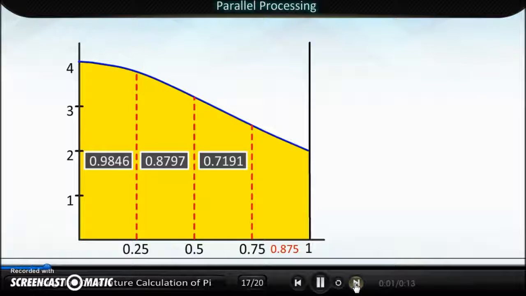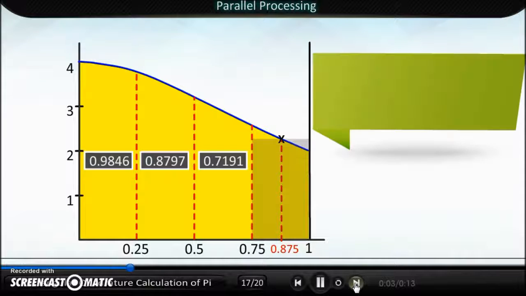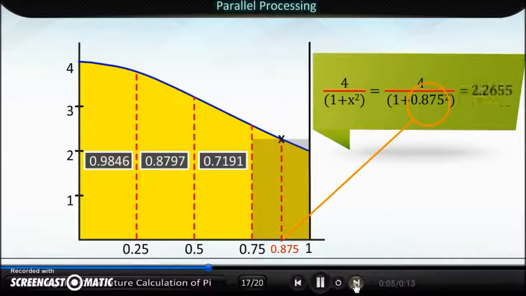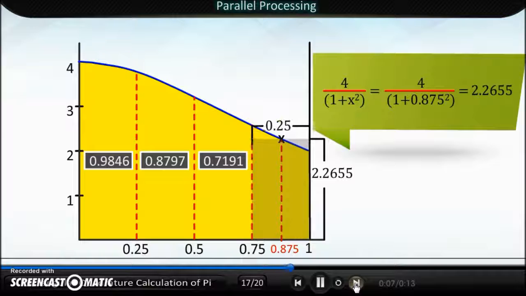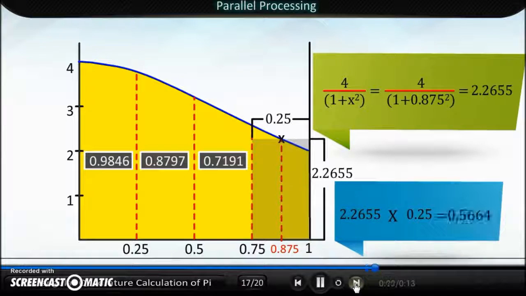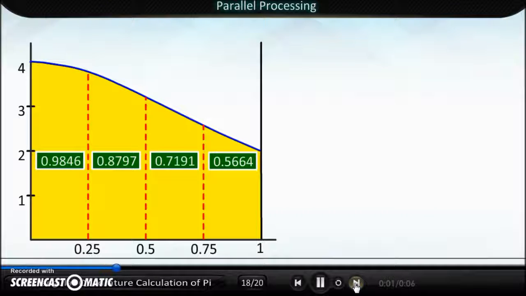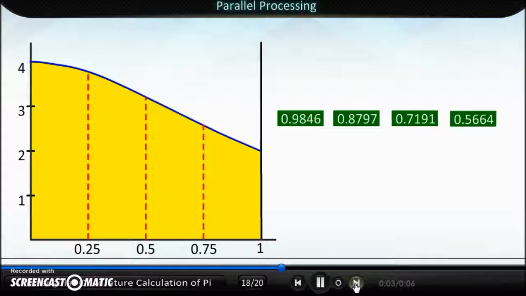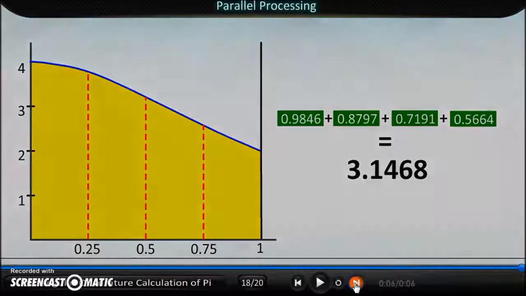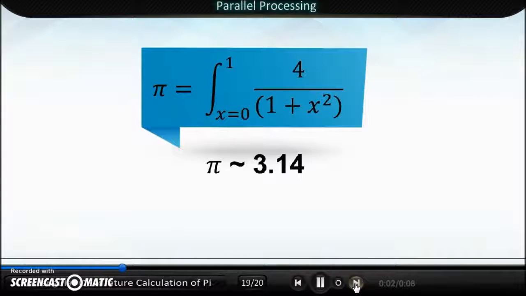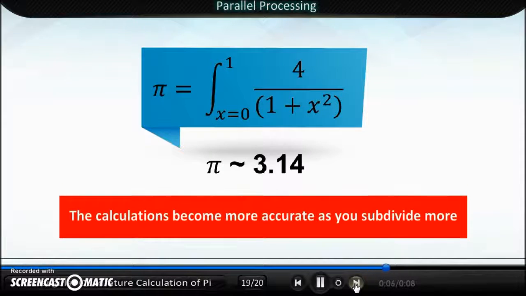And now for the last section, which gives us 0.5664. Now we've got all 4 sections. We sum them up and get our approximation for pi. Obviously, the result is not that accurate with only 4 divisions. The more divisions you make, the more accurate it becomes.